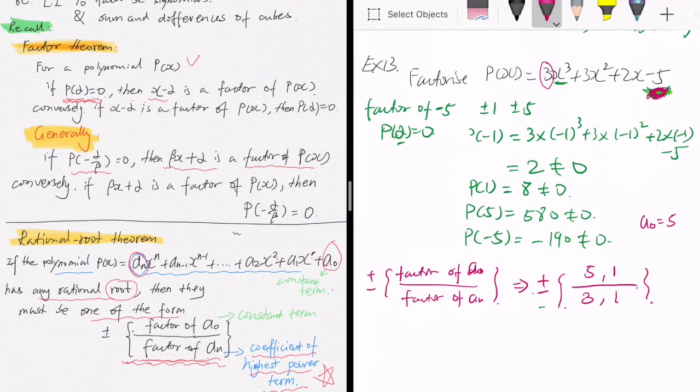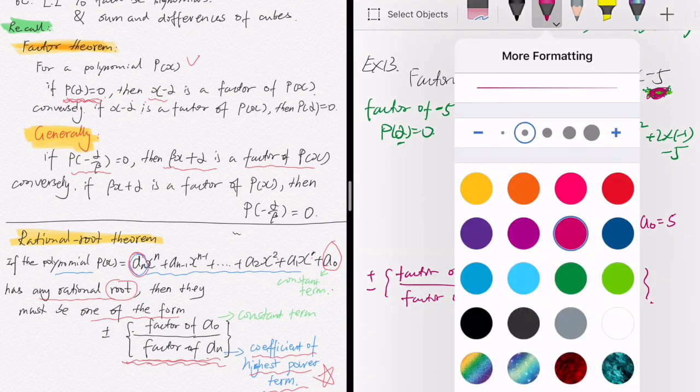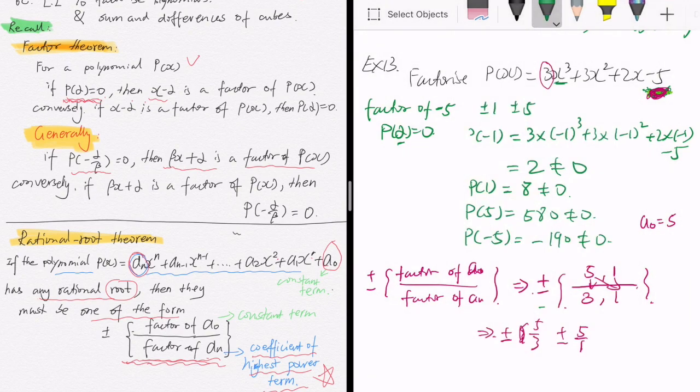Okay, so that tells me all the possible rational roots are positive negative 5 over 3, positive negative 5 over 1, and it can also be, let me use a different color, positive negative 1 over 3, positive negative 1 over 1.